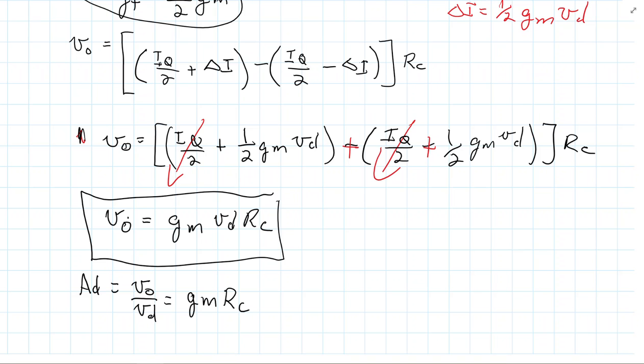I know there's a negative in there, or common base if you want to have it being positive here. But what does this give me? Well, this also gives me another way to write this: it is IQ, whatever your bias current is, times RC over 2 VT.